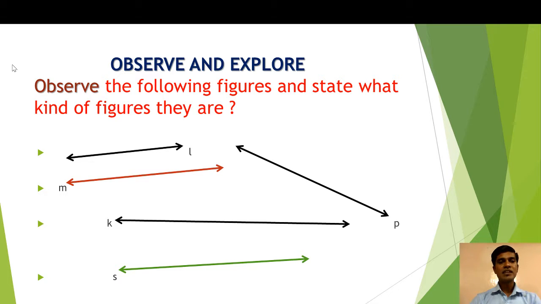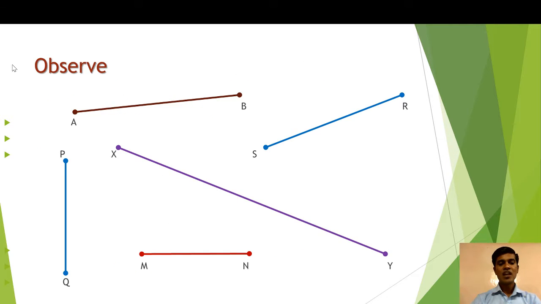Here we can see line L, line M, line P, line K and line S. Now let us observe some more figures. Fine, all these are line segments: segment AB, segment SR, segment XY, segment PQ and segment MN.